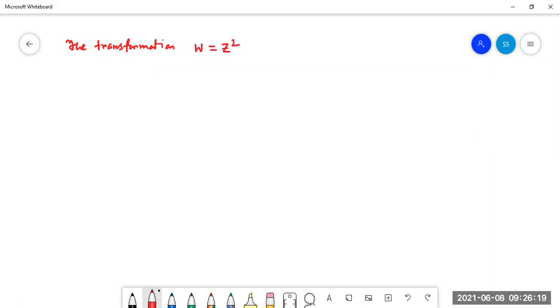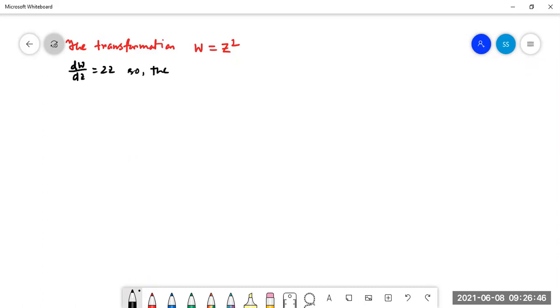Z square. Right? We have to make this transformation W equal to Z square. So here also dW/dz equal to 2z.